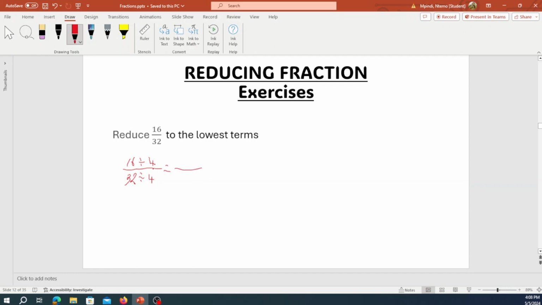16 divided by 4 equal 4. Because 4 times 4 equal what?